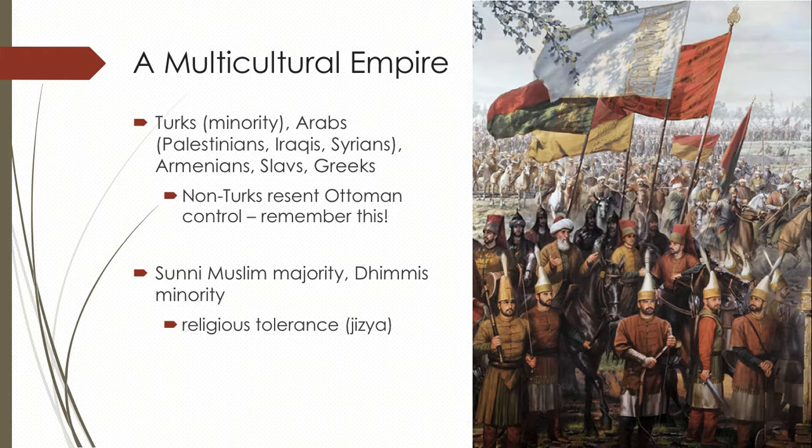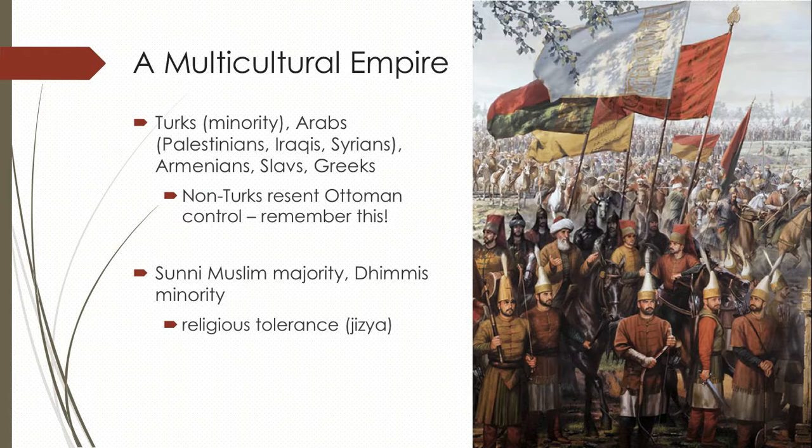And in this way, the Jewish and Christian populations, in particular those that were merchants, actually thrived, and that added to the complexity and success of this state through much of the early modern era.